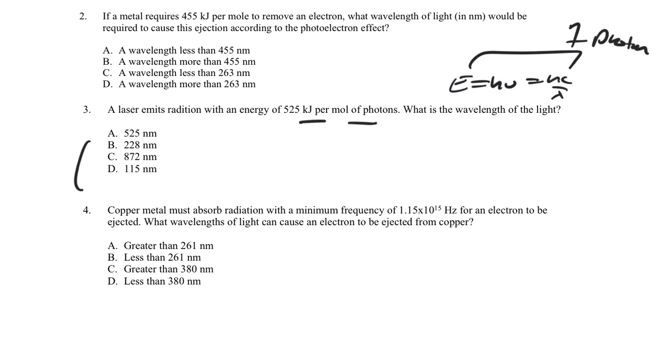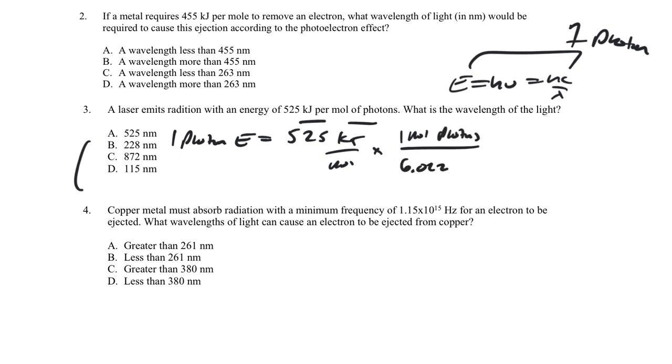So I need to think, what's the energy of just one photon here? What's one photon's energy from 525 kJs per mole? I just think 1 mole of photons would be an Avogadro's number of photons. My h is in units of joules, so I'm going to want to convert into joules. So a kilojoule is 1,000 joules.